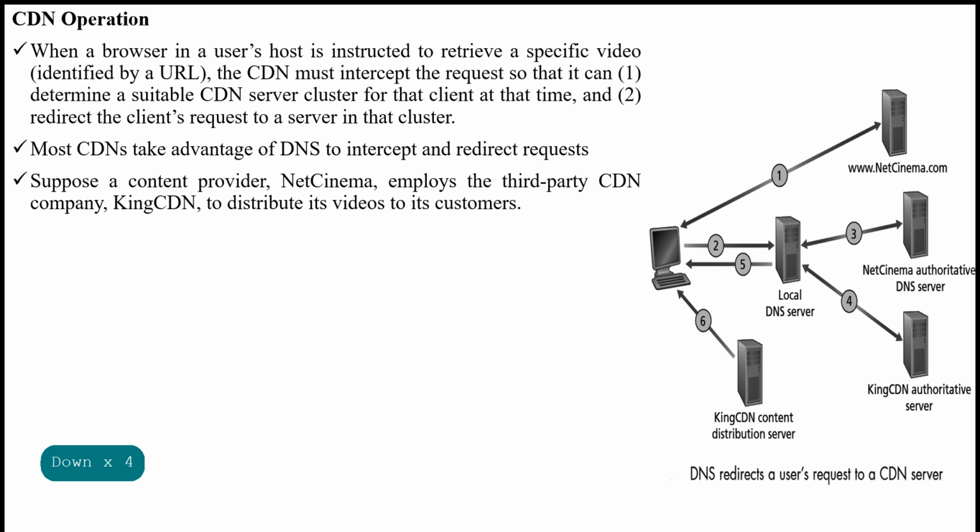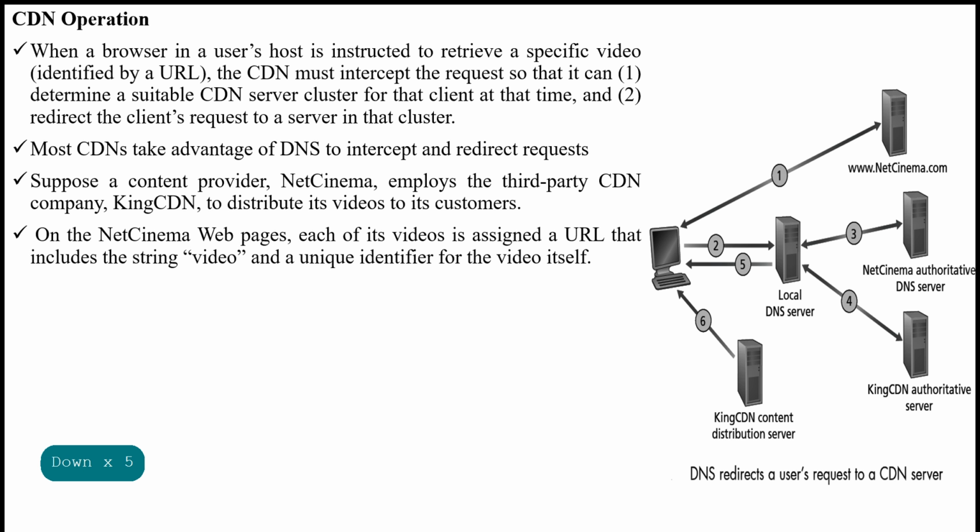Suppose a content provider, NetCinema, employs the third-party CDN company, KingCDN, to distribute its videos to its customers. On the NetCinema web pages, each of its videos is assigned a URL that includes the string video and a unique identifier for the video itself.